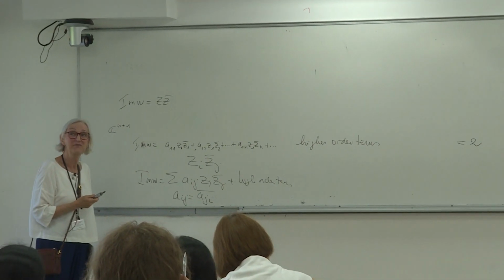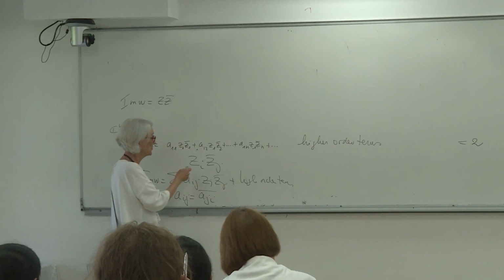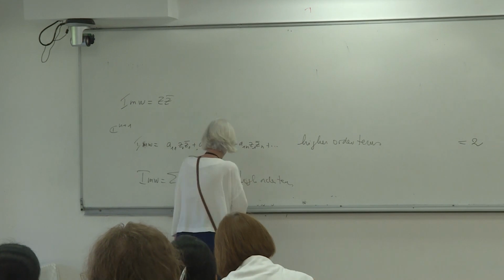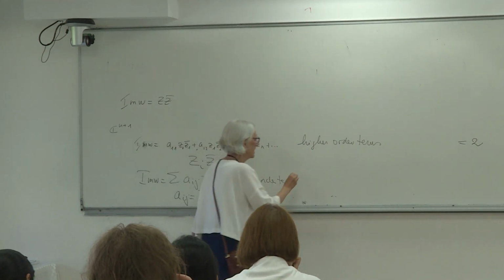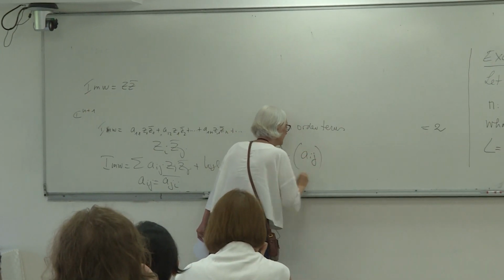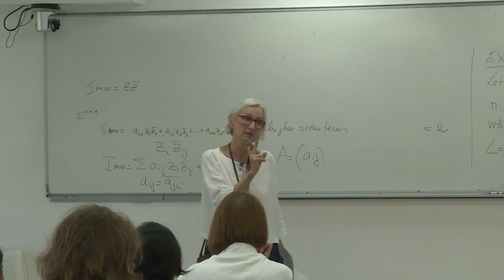What is the Levi form? It's given by what? The matrix A_ij. So it's a matrix now, which is real. So the matrix A_ij is the matrix of the Levi form at 0.